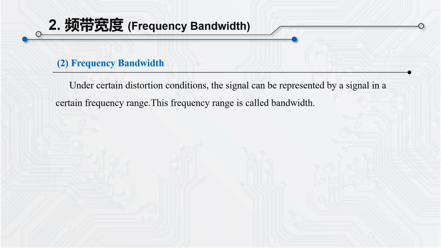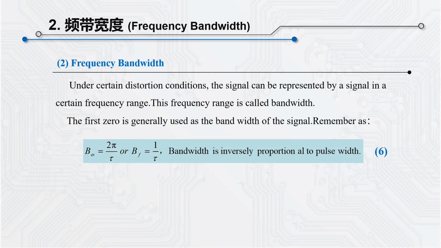Then we will introduce the concept of bandwidth. Under certain distortion conditions, a signal can be represented by a certain frequency range. This frequency range is called bandwidth. For rectangular pulse signals, generally the first zero point is regarded as the bandwidth of the signal, represented by equation 6: B omega equals 2 pi over tau, or Bf equals 1 over tau.